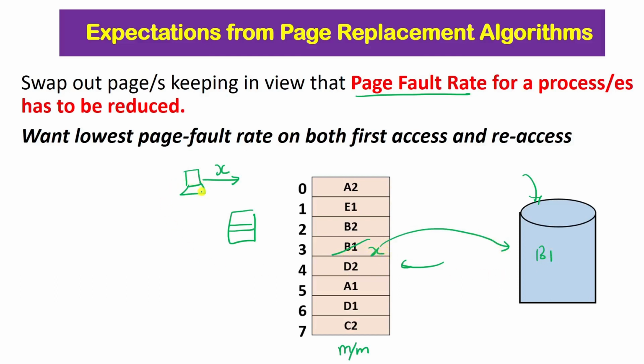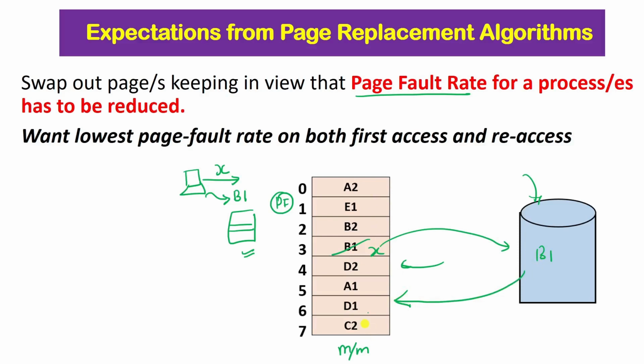Now the next time the CPU asks for page B1, as we can see, B1 is not inside main memory. The page table will say there is no mapping. So again, a page fault will occur, and we will bring B1 from the hard disk.